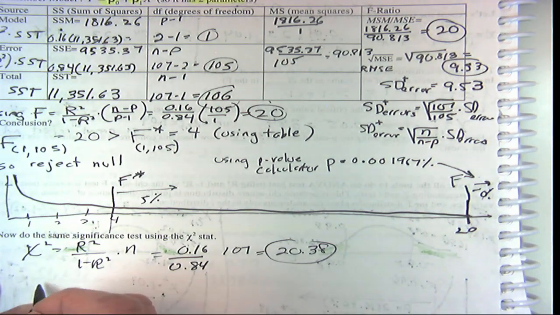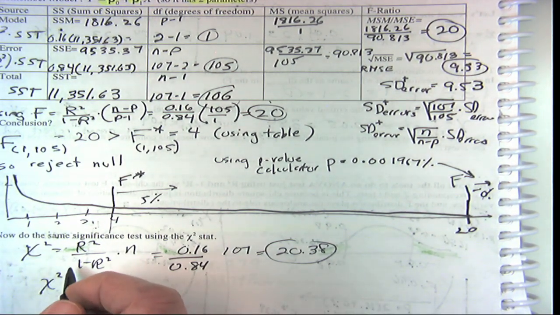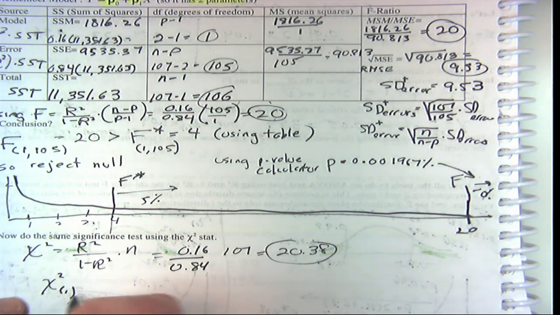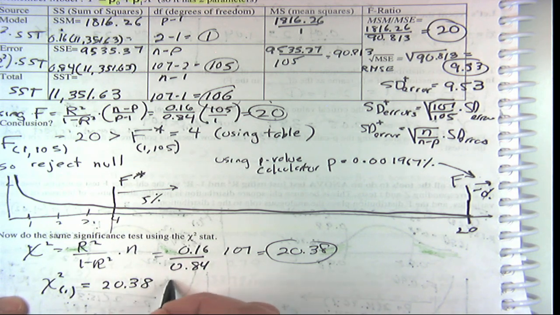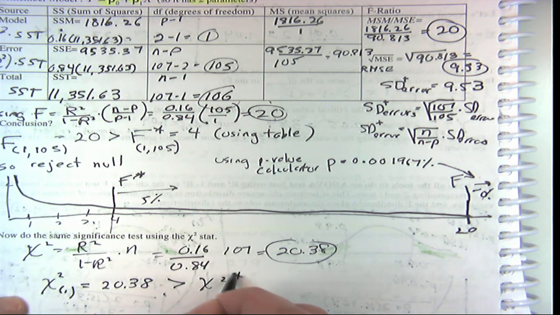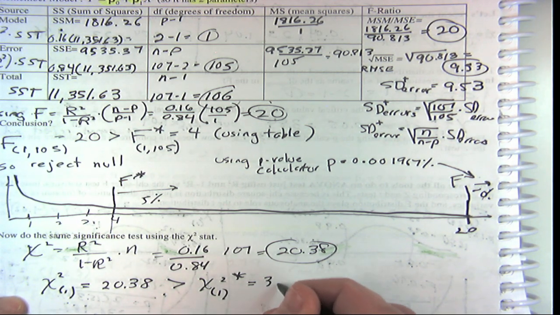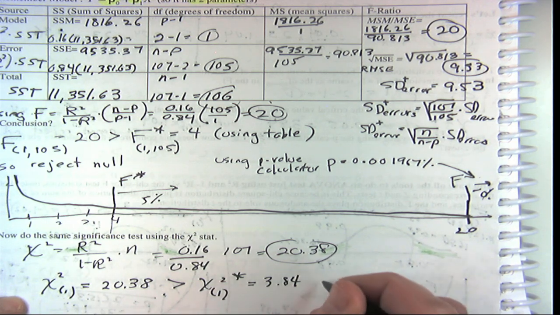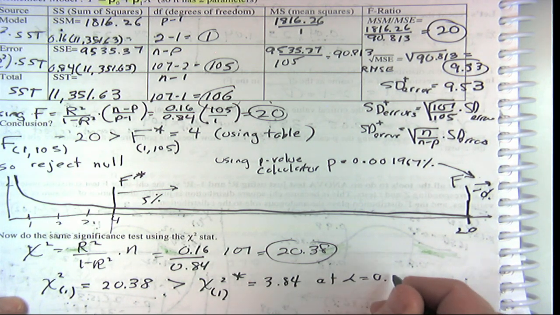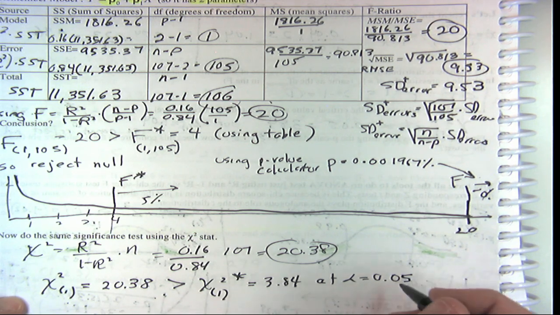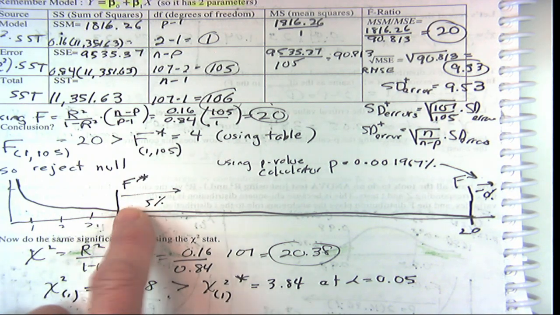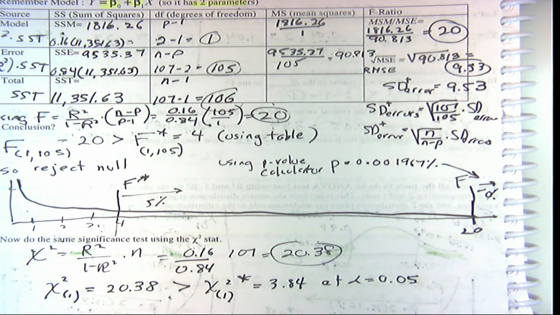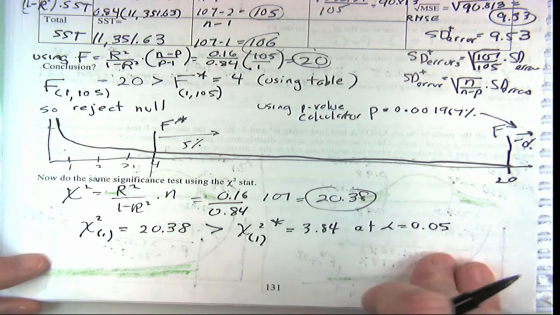So our chi-squared with 1 degree of freedom is equal to 20.38, and it's much, much bigger than chi-squared star with 1 degree of freedom, which we looked up before is 3.84 at alpha equals 0.05. So using the table, that's at 5%, see? So we'd reject the null.